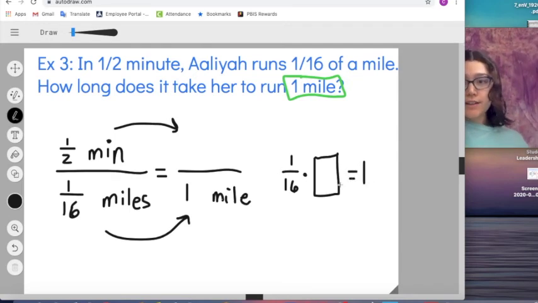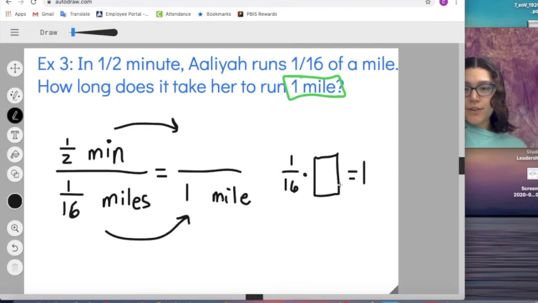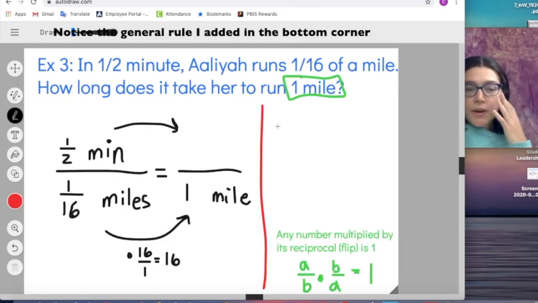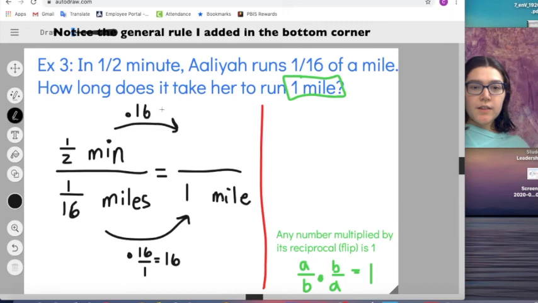Well, what we've learned is that when we multiply by the reciprocal of a number, that's always going to give us 1. So I have 1/16, and when I multiply by 16 over 1, that's going to give me 1. Now let's actually do this multiplication. Multiply by 16, which is equal to 16 over 1.